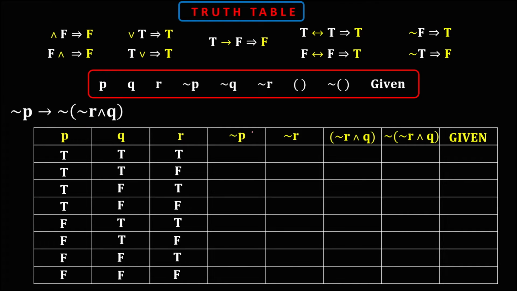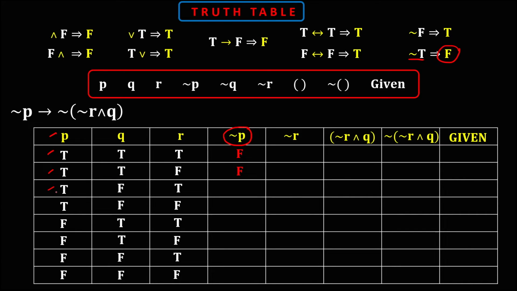Then to find the values for the column not P, from the column P, we have the negation of P. For this row, the negation of true is false. The negation of true, that's false.